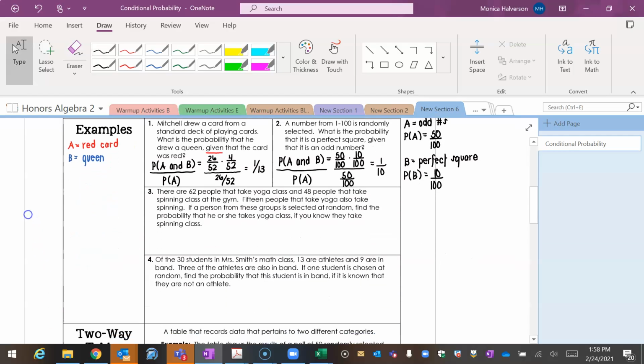Okay, so let's look at number 3 together. There are 62 people that take a yoga class, and 48 people that take a spinning class at the gym. 15 people that take yoga also take spinning. So what's important is you're going to draw a Venn diagram here.